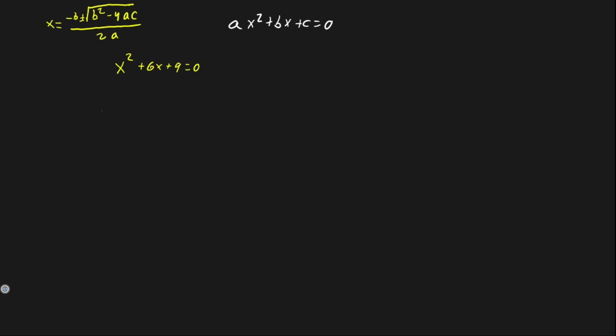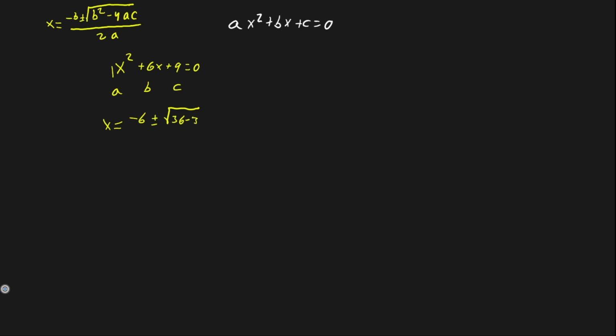So we're going to plug in a, b, and c. Since a is 1, b is 6, and c is 9, we're going to get x is equal to negative 6 plus or minus the square root of 36 minus 4 times 1 times 9.